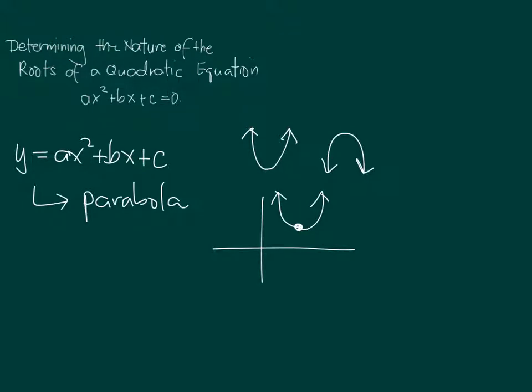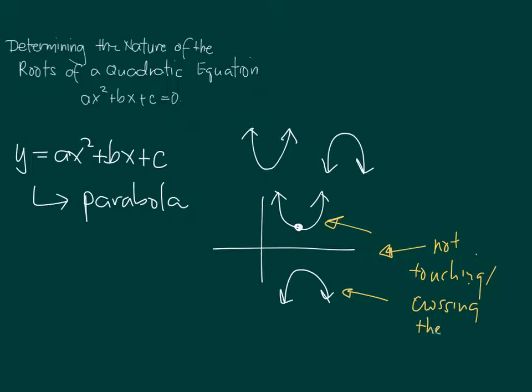So if it's opening upwards it should be like this, or if it's opening downward, it is like this. So this means the parabola is not touching or crossing the x-axis. So that's the first case.